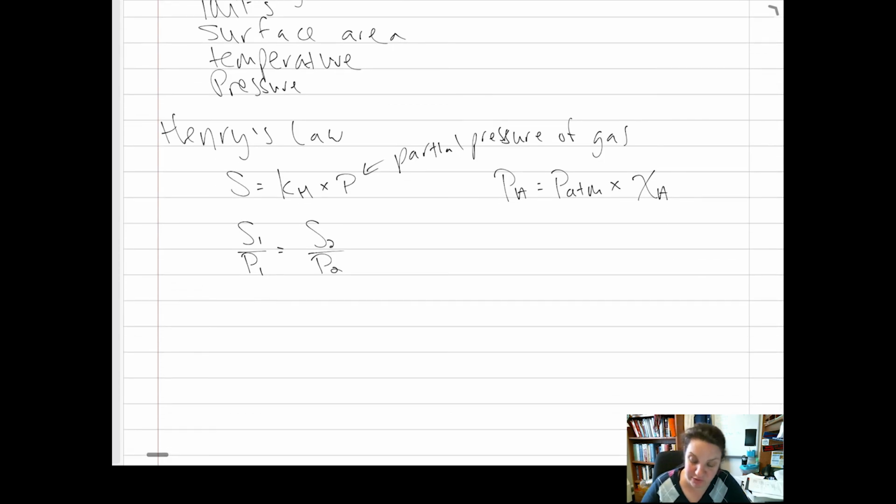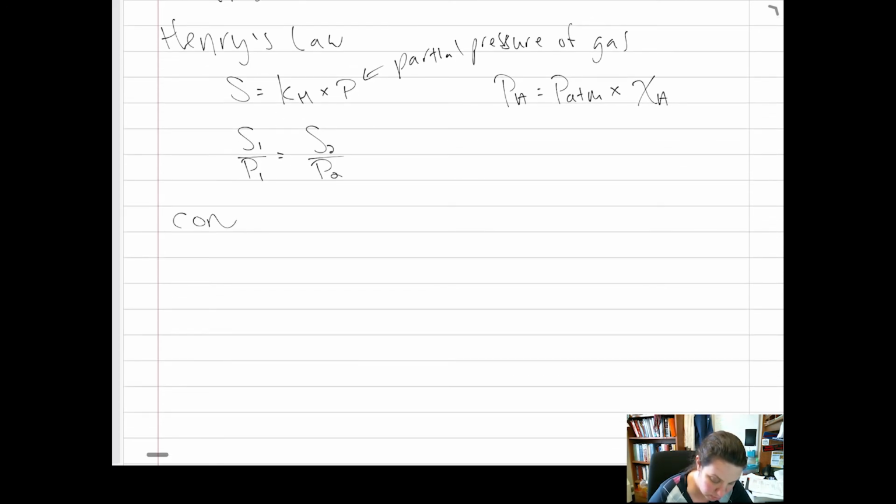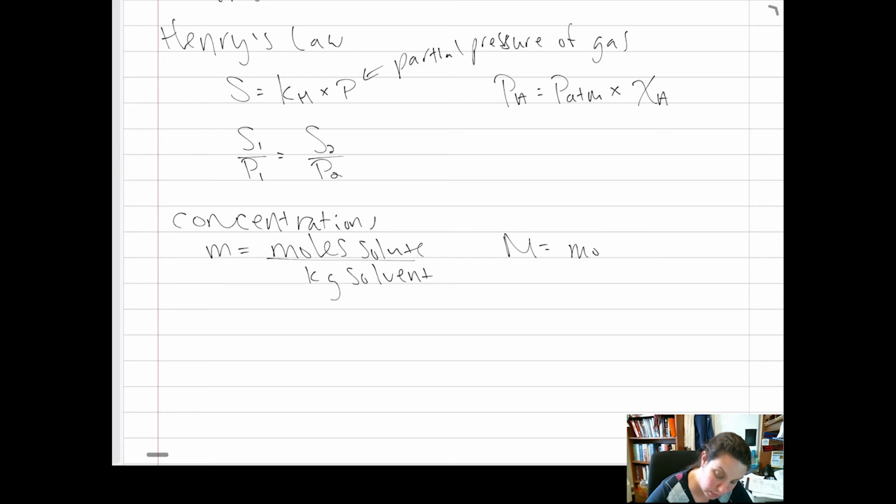We need to know our concentrations. So you should be able to figure out molality, which is moles of solute over kilograms of solvent. We have molarity, moles of solute over liters of solution.